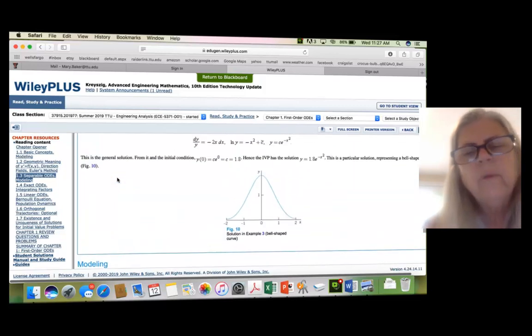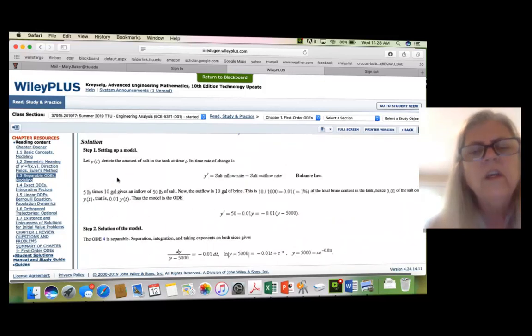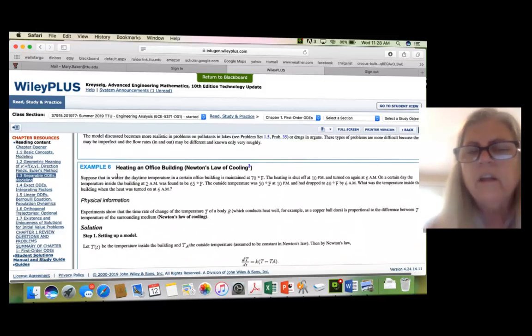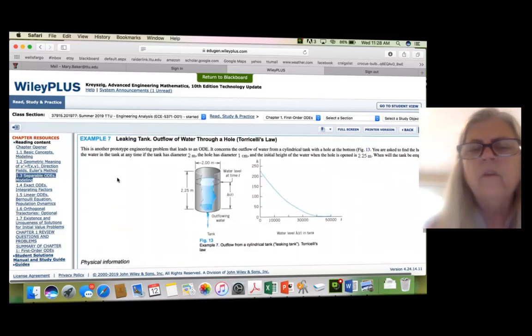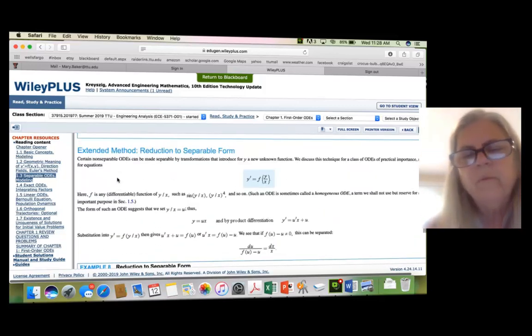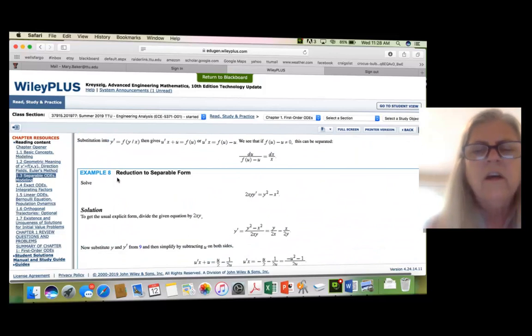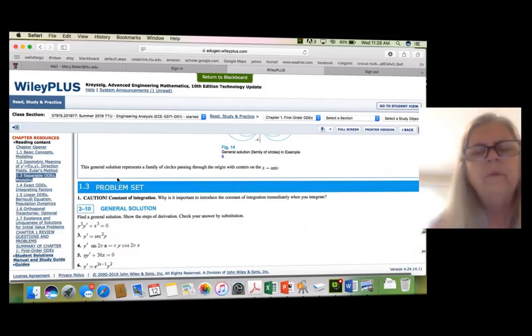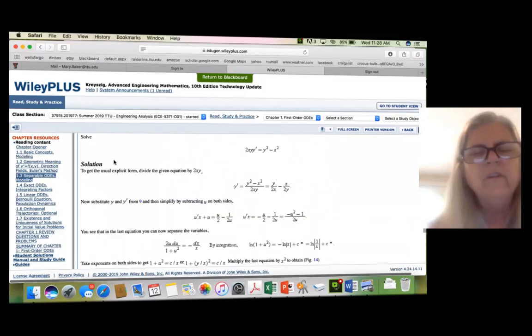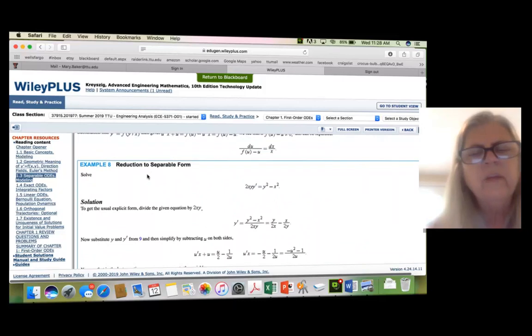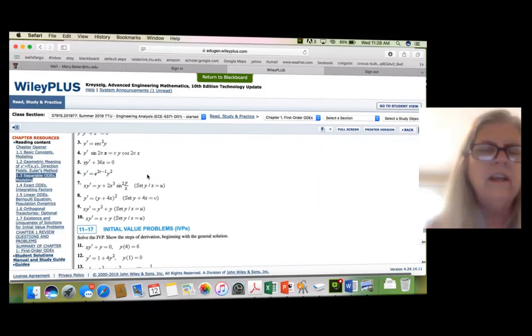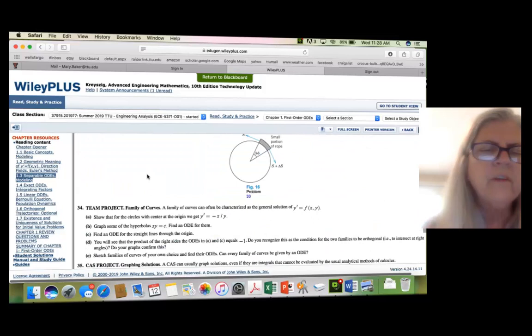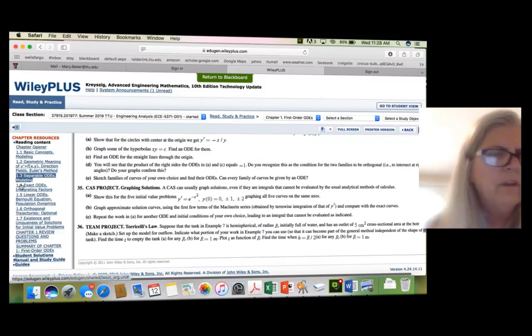So you can expect that questions on the exam will be more similar to what you see in the example problems worked out in the book than to some of the homework problems, because some of the homework problems accomplish a different task. They basically are looking for a little more lengthy work. We will not have anything covering reducing to separable form like example 8, nothing like that on the exam. So that would cover that section.